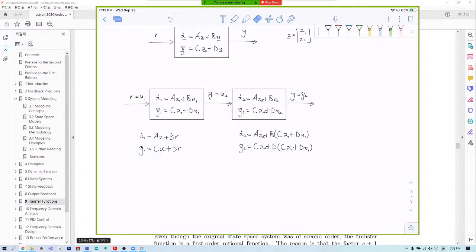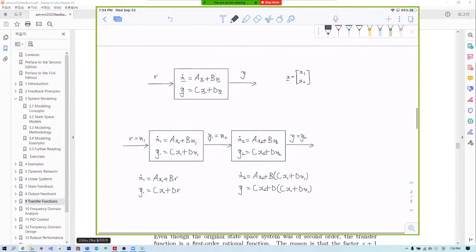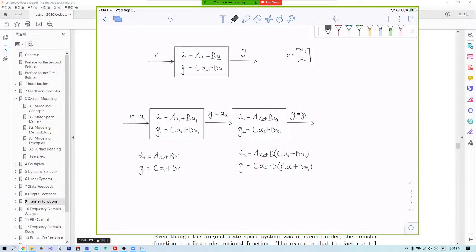And we know that Y2 must be Y because that's our final result, right? So combining these, we want to express everything in terms of this single plant, okay?